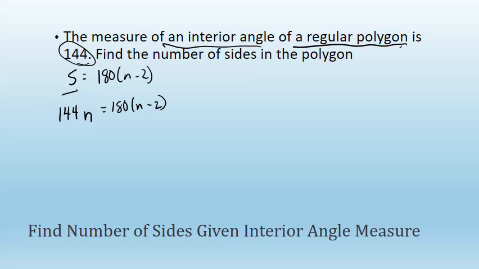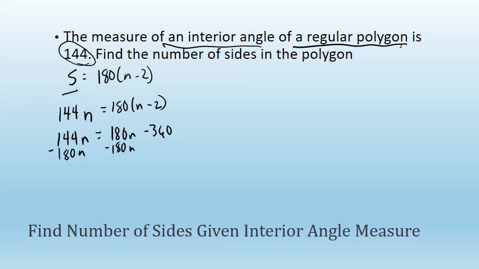Well, let's go ahead and distribute this 180 to the n minus 2, and so then I would have 144n equals 180n minus 360. And let's combine like terms. Let's subtract 180n from both sides of this equation.